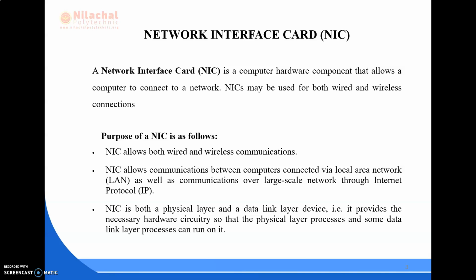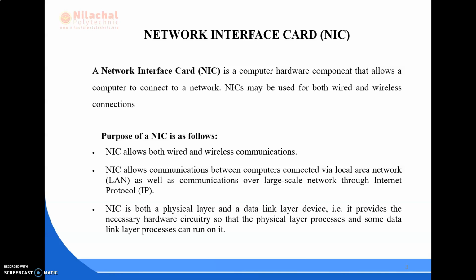So let's overview some of the functions of NIC. NIC allows both wired and wireless communications. NIC allows communications between computers connected via a local area network as well as communications over large scale networks, that is wide area networks or WAN, through Internet Protocol or IP addresses.